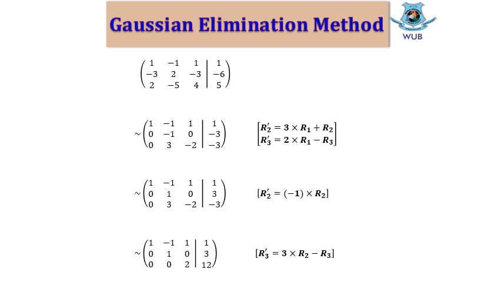What is our task? Our task is that all the diagonal values must be 1 and the rest must be 0. For this purpose, we have to work on each and every row. For this task, we need some calculation, which I have written here on the right side. I hope all of you can understand this.